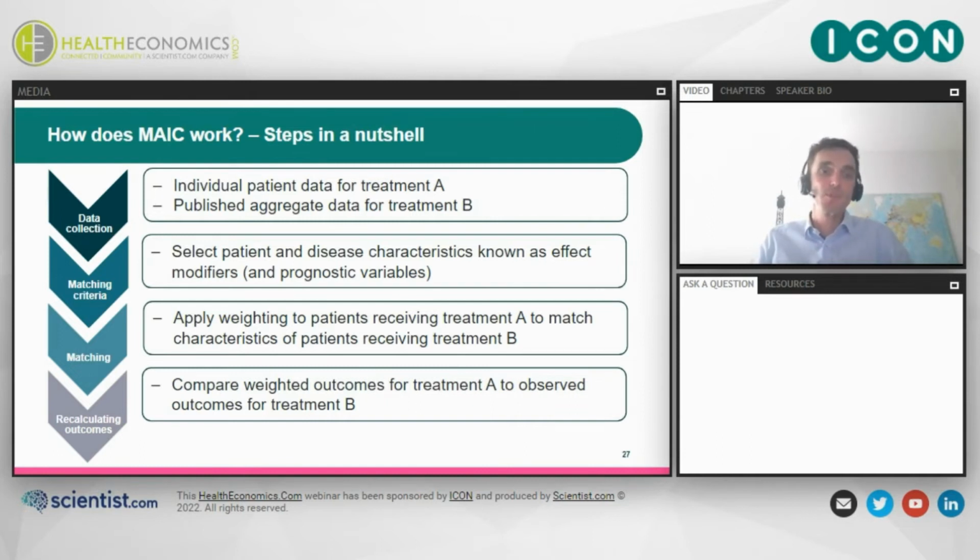I will say a few more words about these on the next slides. Regarding the actual matching, this is achieved by applying a weighting to patients receiving treatment A, so that after weighting, they match the characteristics of patients receiving treatment B on average. And finally, after weighting, you would recalculate the outcomes for treatment A based on the weights you estimated, and compare these reweighted outcomes to the observed outcomes for treatment B, where you have the reported outcome data from a publication.